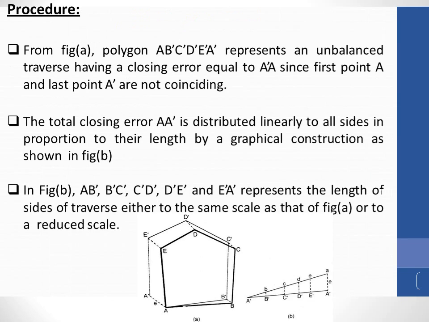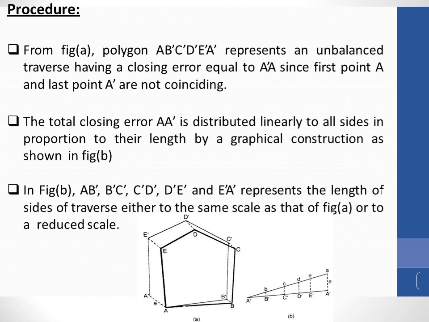Procedure. From figure A, the polygon A, B dash, C dash, D dash, E dash, A dash represents an unbalanced traverse having a closing error equal to A A dash, since the first point A and last point A dash are not coinciding. This is already explained. I hope it is clear.